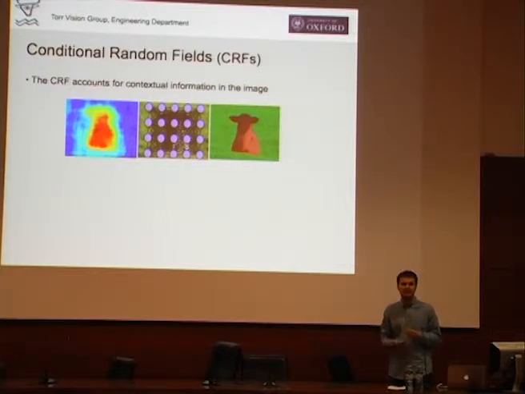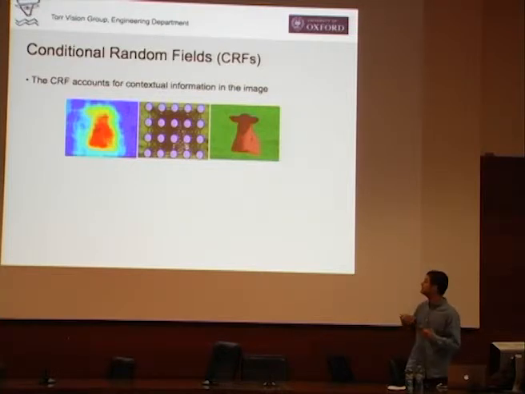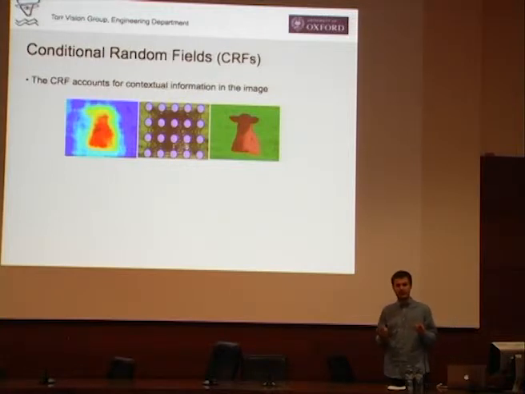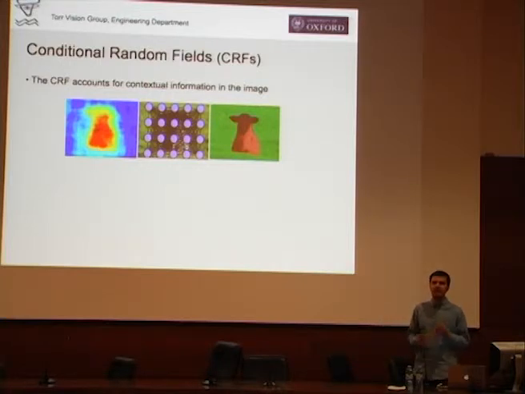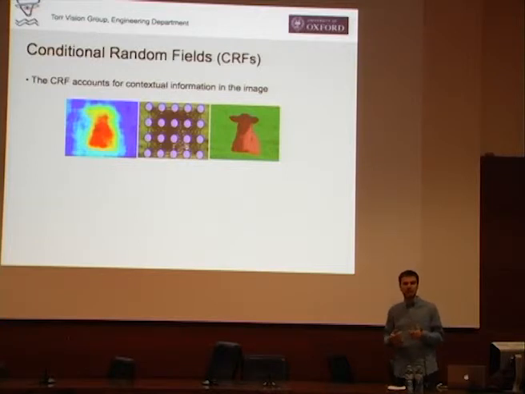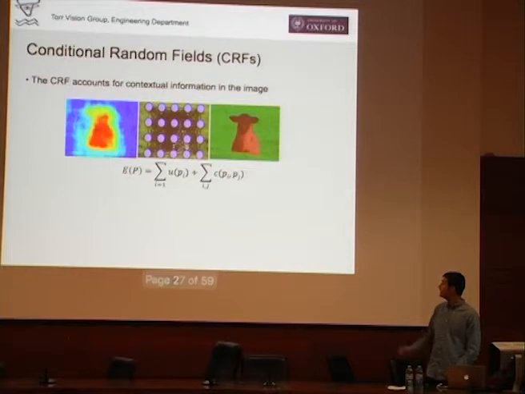Conditional random fields are a well-studied graphical model used in cases where we can exploit contextual information. In particular, what we want to do here is add into the model the prior knowledge that pixels that are close to each other and have similar color intensity are likely to belong to the same class. And that's the key thing at the end.